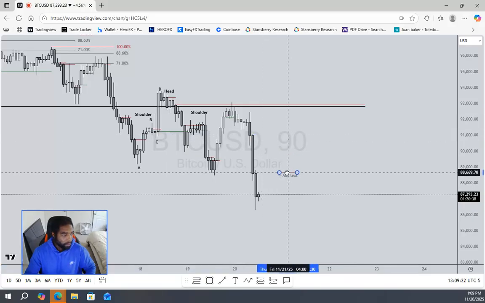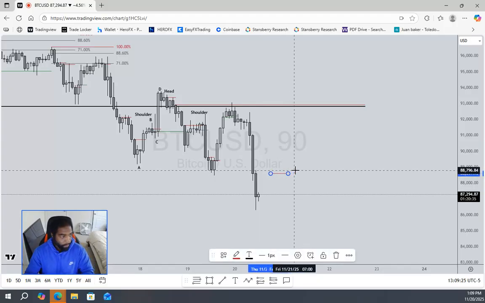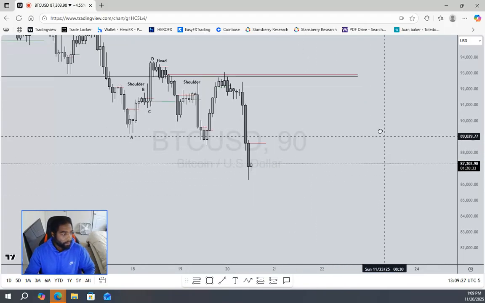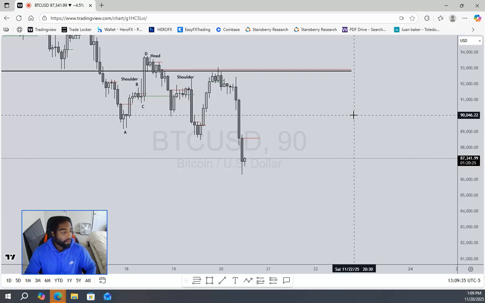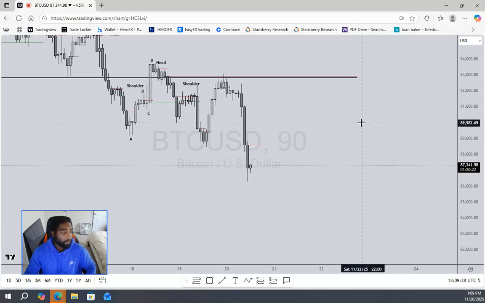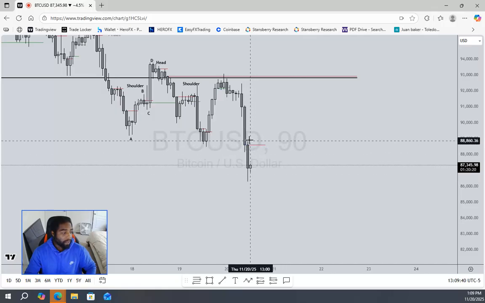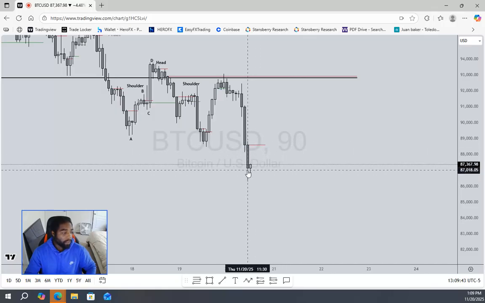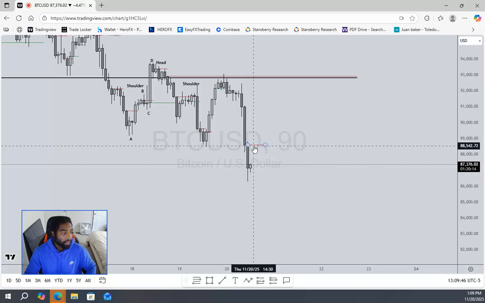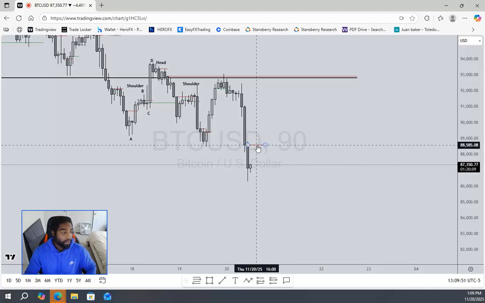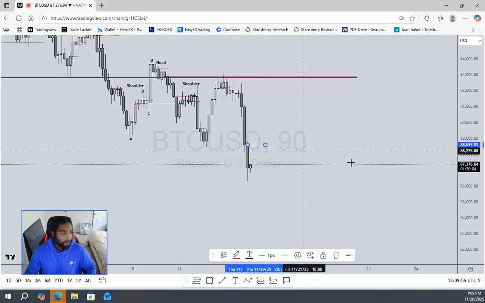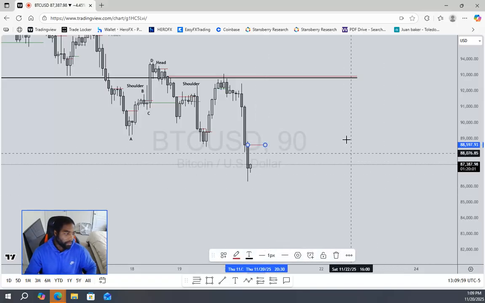Let me update that. It goes here. So here on the 90 minute, right now you're just watching. There's not really much that you can do at the moment. We know price is bearish. This is the open of the most recent 90 minute candle. Price can come up, it can kiss that, and this is an entry point that you can, yeah, this is right here, 88,600, you can say.